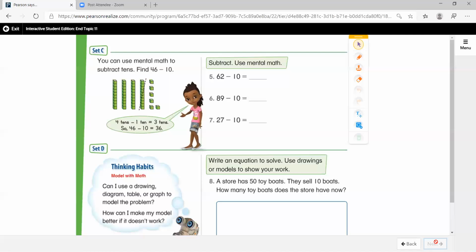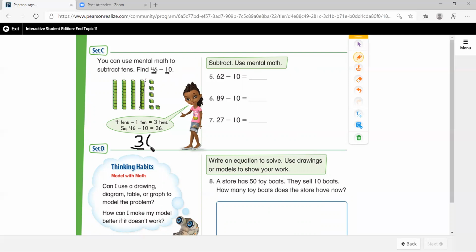In set C, we're going to use mental math to subtract tens. You can see here, when she solved for 46 minus 10, she thought 4 10s from 46 minus the 1 10 from 10 is 3 10s. So 46 minus 10, we put a 3 in the tens place because 4 minus 1 is 3, and our tens place is here for 3.